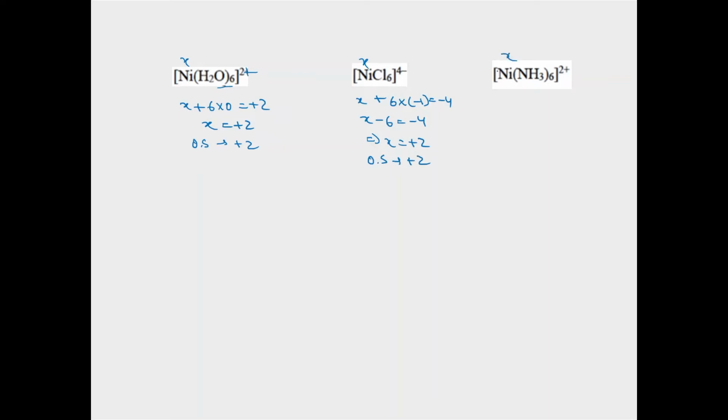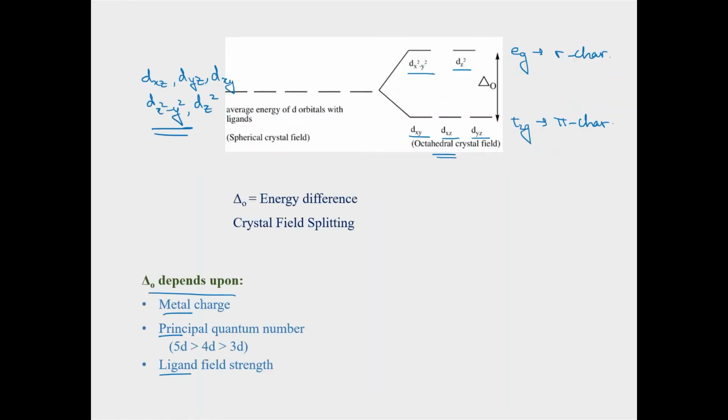Now for this ammonia complex, ammonia is also a neutral ligand and carries a charge of 0. The complex is having an overall charge of plus 2, so X is equal to plus 2. So in this case as well, the oxidation state of nickel is plus 2. Therefore, on the basis of metal charge, we can't compare the delta O values for these complexes.